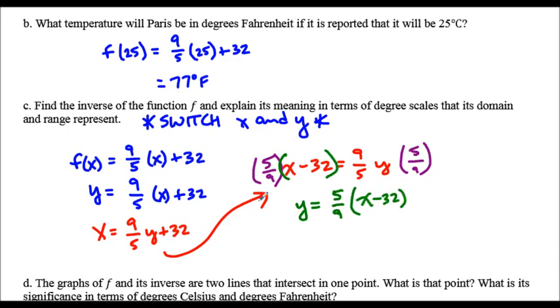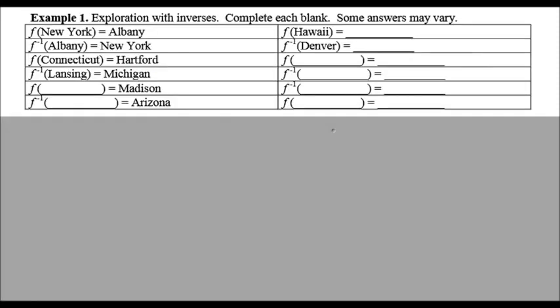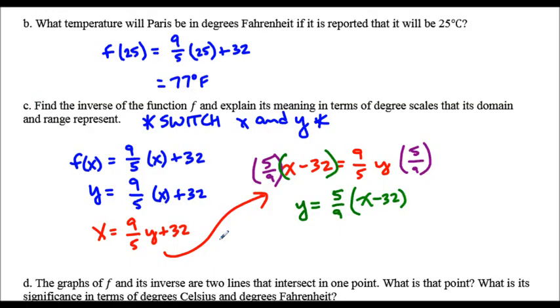Okay. Now we have to have particular notation. I can't give it the same name, right? I can't call it f of x again. That would be confusing. But if you remember back up here, we had notation for the inverse of f. It's f with a superscript of -1. So let's use that here.